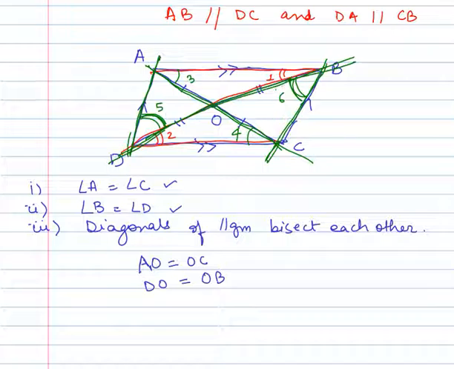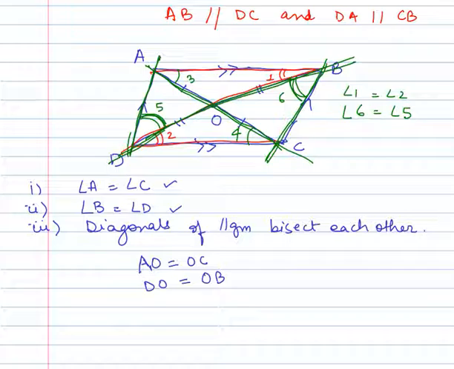So with the help of alternate angles, we can prove that angle 1 is equal to angle 2 and angle 5 is equal to angle 6. Let us reverse this: angle 1 is equal to angle 2, whereas angle 6 is equal to angle 5.